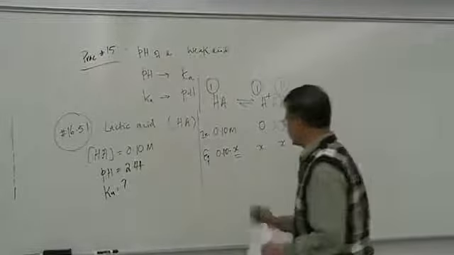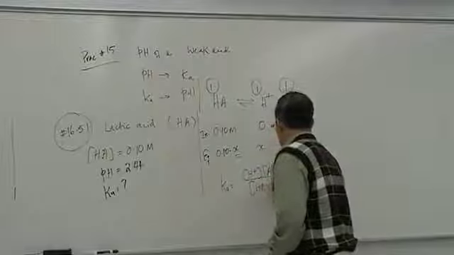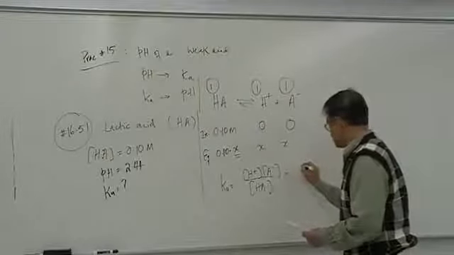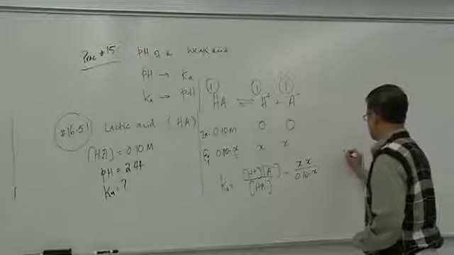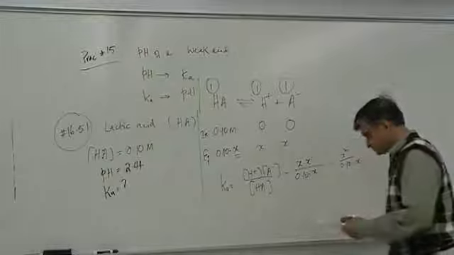Now I can set up an equilibrium expression, Ka, which will be given by H plus times A minus over HA. And I can plug in all these values, so this becomes X times X divided by 0.10 minus X. So X squared on the top and 0.10 minus X on the bottom.